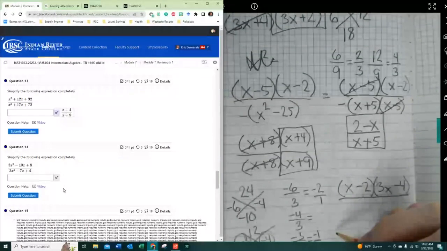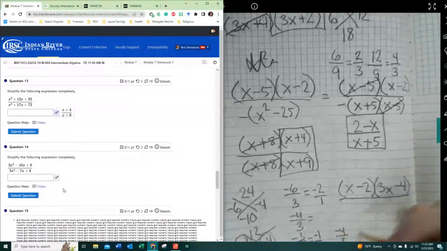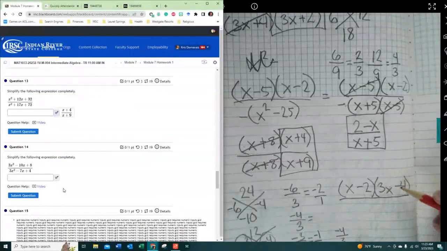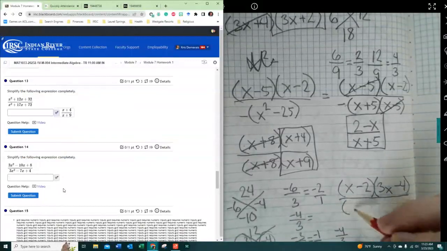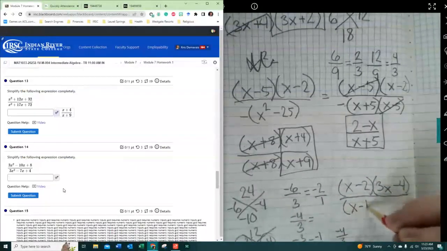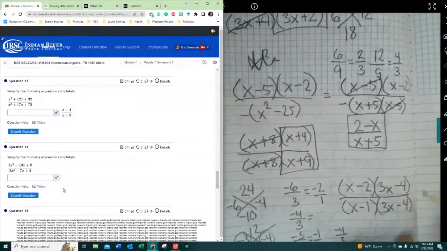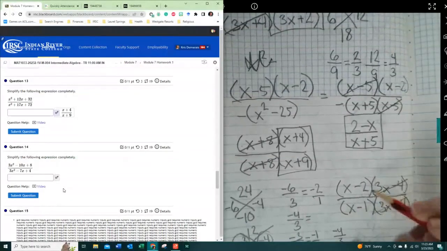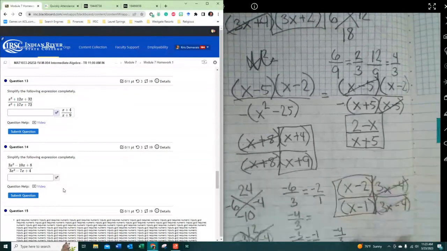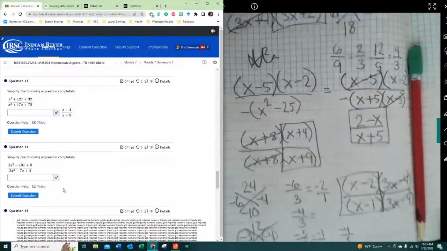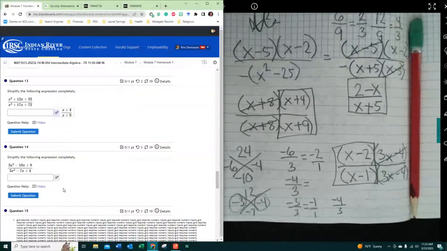And then we have -4 over 3, which gives us the 3x minus 4, by the way. So we have our answer of x minus 1 and then 3x minus 4. These cancel each other, leaving us with this as our answer. All right.